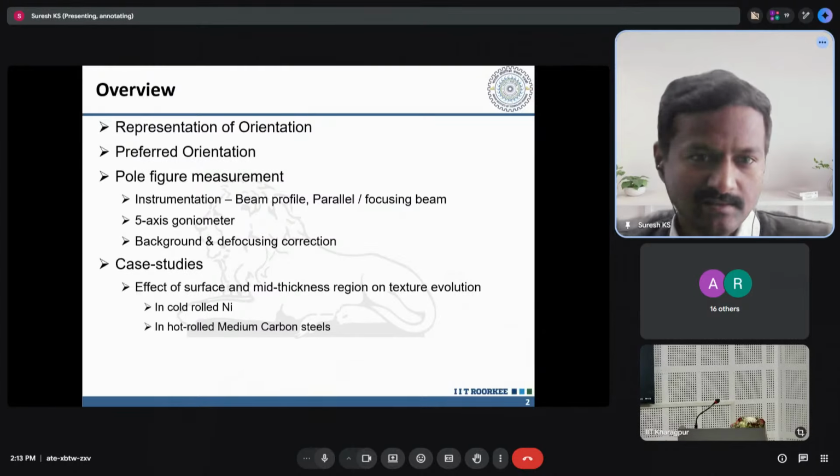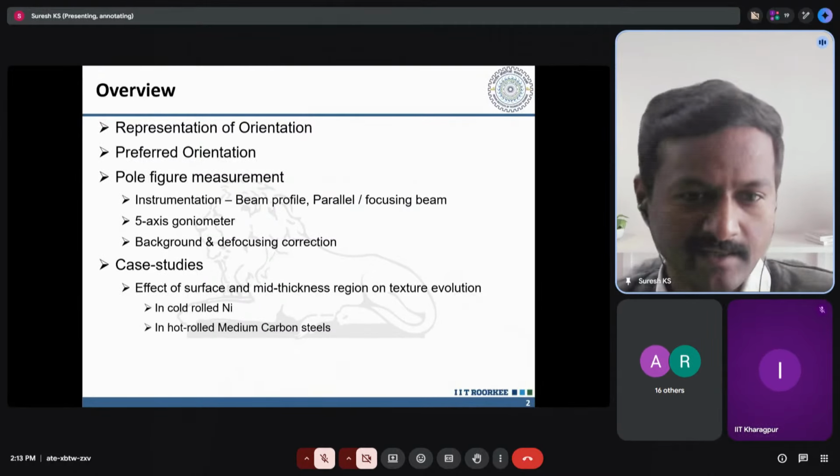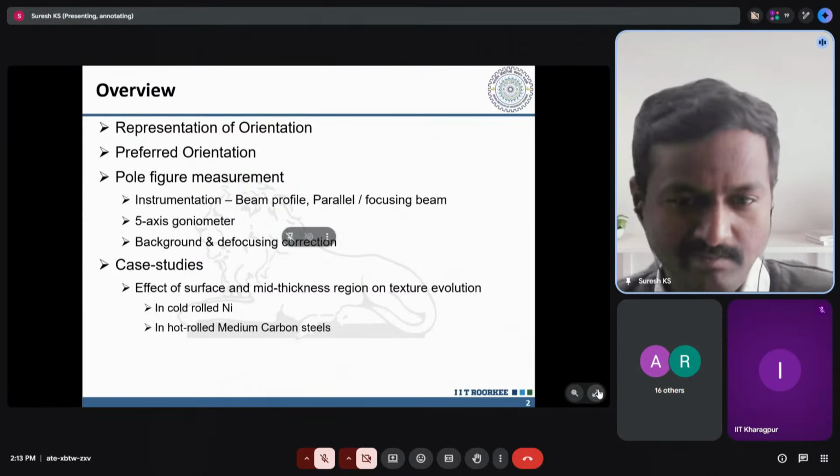In this, I will briefly mention the instrumentation, the 5-axis goniometer, and the role of background and defocusing corrections. And towards the end, we will see 2 case studies in what ways textures could be different in some metallic materials.